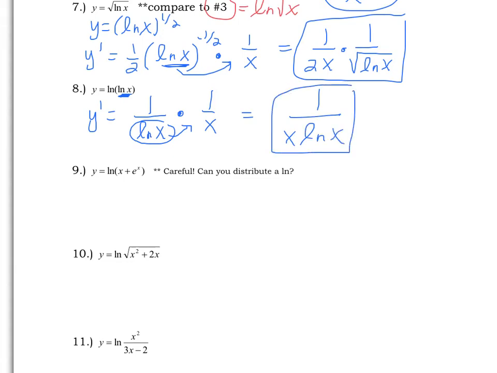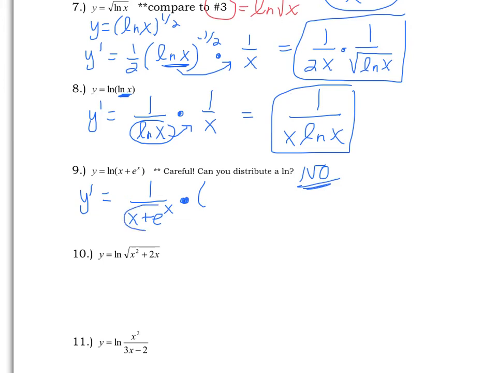All right, number 9 here. Again, you cannot distribute an ln. So for our derivative, 1 over this inside piece comes along for the ride, and then we have to chain along, which means we're multiplying by the derivative of the inside.